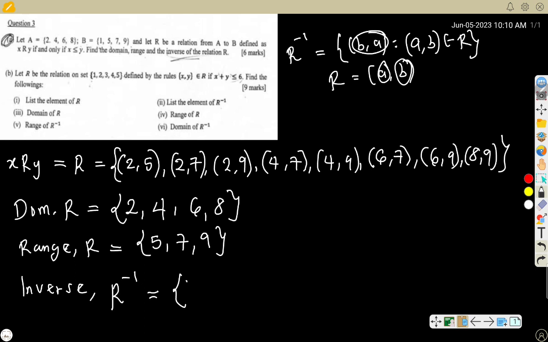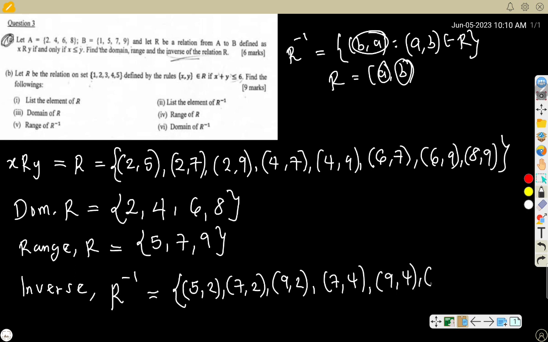That means this will become 5 comma 2, 7 comma 2, 9 comma 2. We are just swapping all these numbers. 7 comma 4, 9 comma 4, 7 comma 6, 9 comma 6, 9 comma 8. So this is our inverse of R.